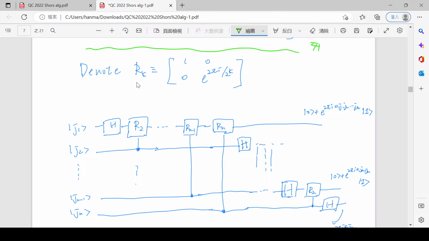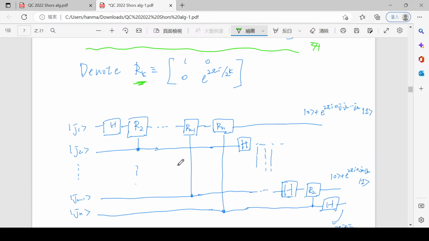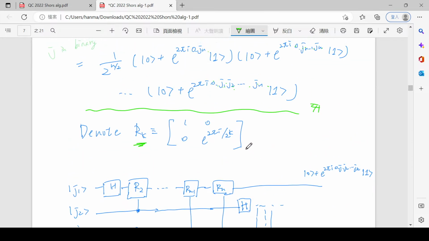So we define this rotation in the z-axis, Rk, that is 1 and e to the 2 pi i divided by 2 to the k. And then on the first qubit you will do Hadamard, then control on the second qubit R2, control on the third qubit R3, dot dot dot, to control on the nth qubit Rn, and that will give you this state.